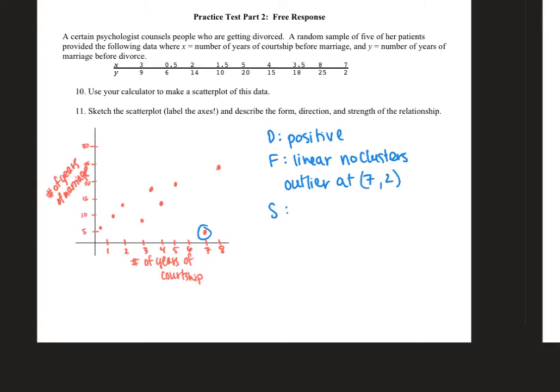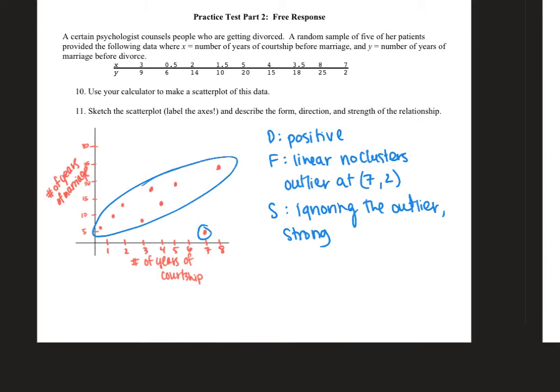And then for strength, ignoring the outlier, it's a strong relationship, since the points are pretty close together. But if you include the outlier, it's a pretty weak relationship.